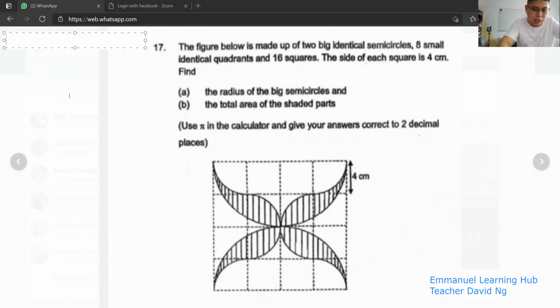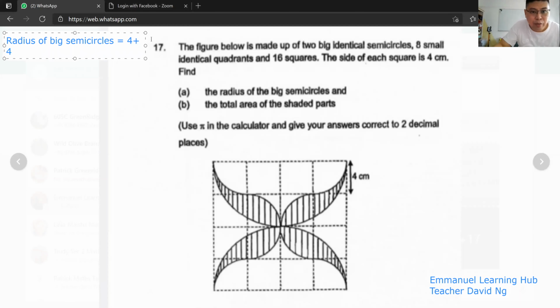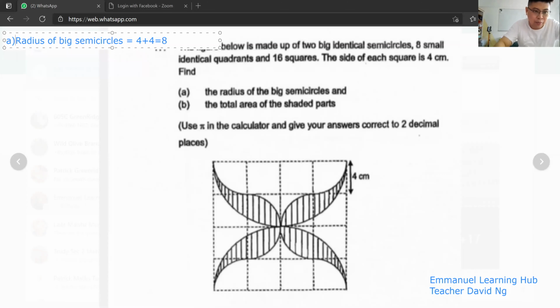Radius of big semicircle is equal to 4 plus 4, which is equal to 8. This is your part A. So part A, no problem.